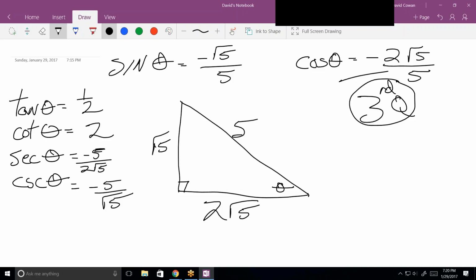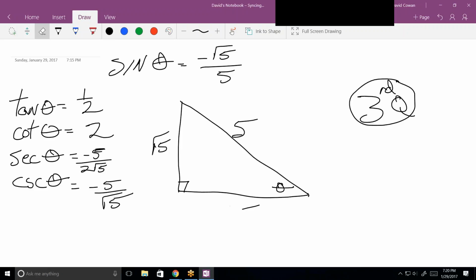Okay? So let's back up one moment. I want to make sure you're good, because this is the easy problem where they give you the cosine, because that allows you to dimension the third side. Let's erase that and assume that they only gave us third quadrant. Now how do we get that third side?